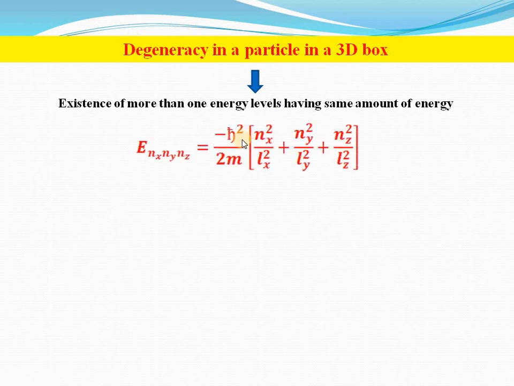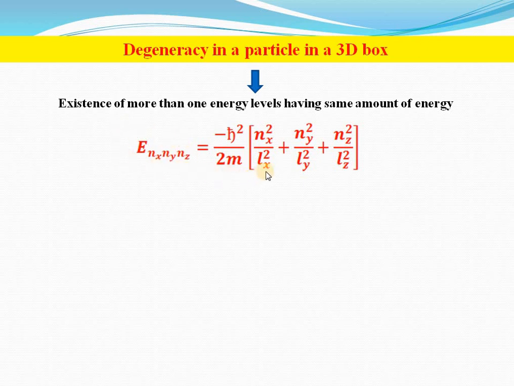Now this is the energy expression for a particle inside a three-dimensional box, where nx, ny, nz are the quantum numbers along the x, y and z directions, and Lx, Ly, Lz are the lengths of that box along the x, y and z directions. Now if Lx, Ly, Lz are not equal to each other, then each level has a different energy.